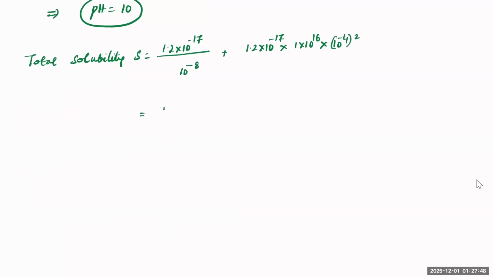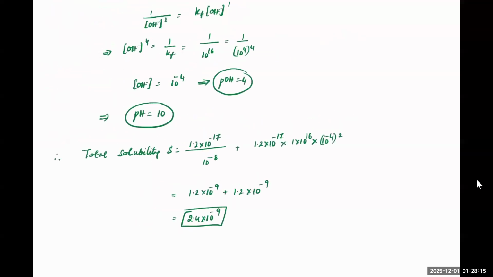So that is equal to 1.2 into 10 raised to power of minus 9 plus 1.2 into 10 raised to power of, this is also minus 9 only. This is total minus 8 here, multiplied by 10 raised to power of minus 1, so 10 raised to power of minus 9. So it is 2.4 into 10 raised to power of minus 9. That is the value of the total solubility.